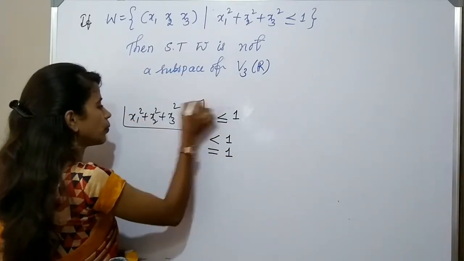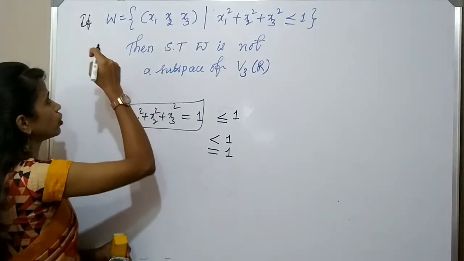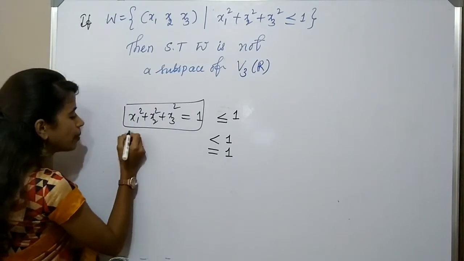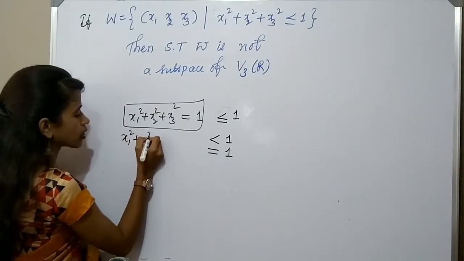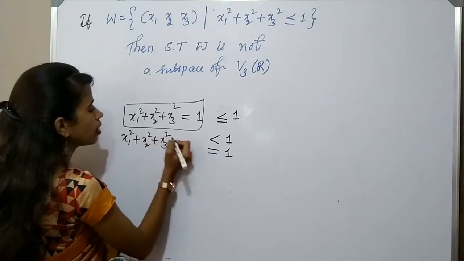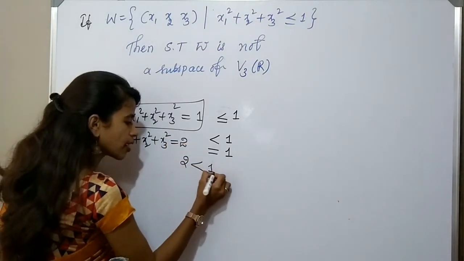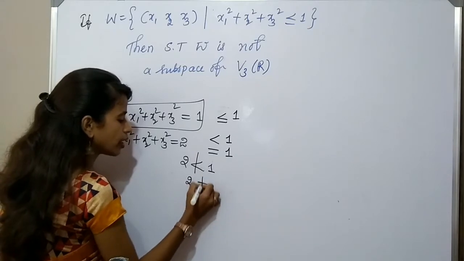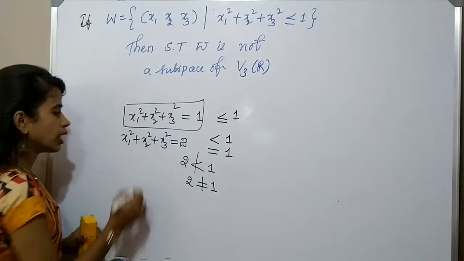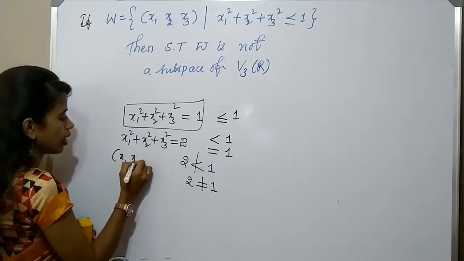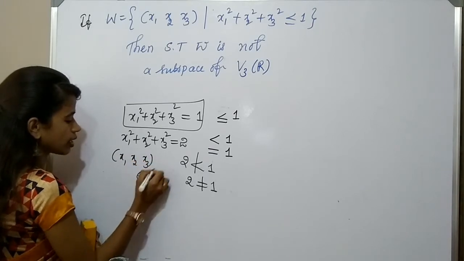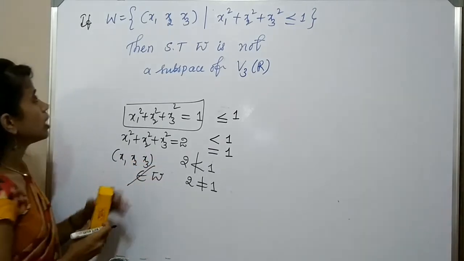Since it is equal to 1, it clearly belongs to W. If we have an element whose sum x1 squared plus x2 squared plus x3 squared is equal to 2, then 2 is not less than 1, and 2 is never equal to 1. So this element x1, x2, x3 does not belong to the set W.